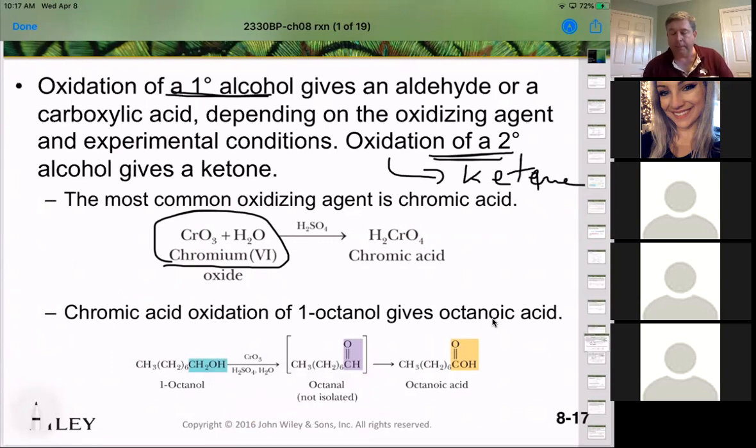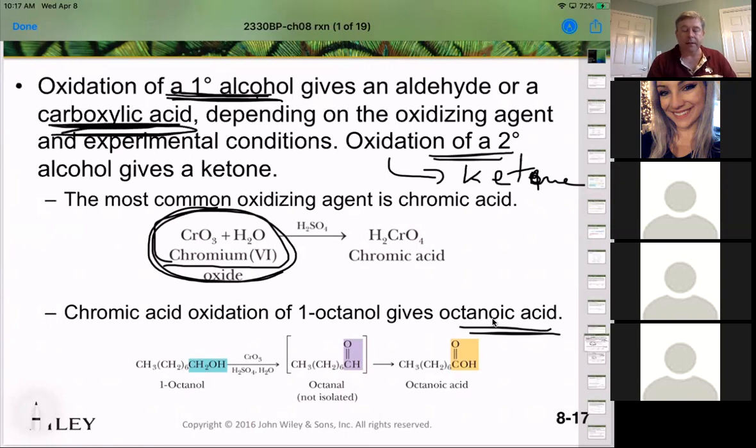All right, so now if you have a primary alcohol, there's two things that can happen. If you have a primary alcohol and you use a strong oxidizing agent here, it always goes to the carboxylic acid. So a primary alcohol will always go to a carboxylic acid if we have chromium oxide or this chromic acid oxidation.